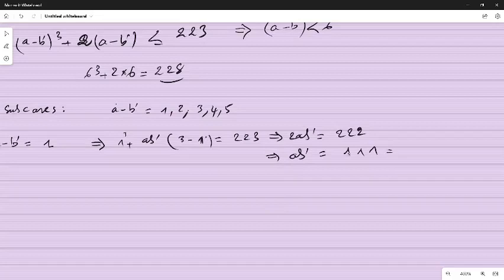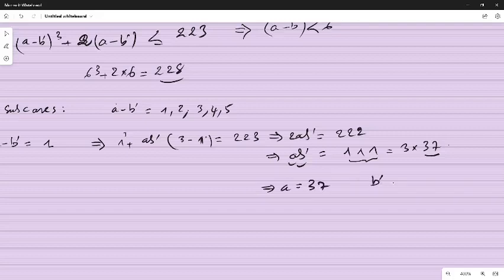This is divisible by 3 because the sum of the digits is 3, and it is equal to 3 multiplied by 37. 111 divided by 3 equals 37. 37 is a prime number. And because a is greater than b prime, we must have a equals 37 and b prime equals 3.